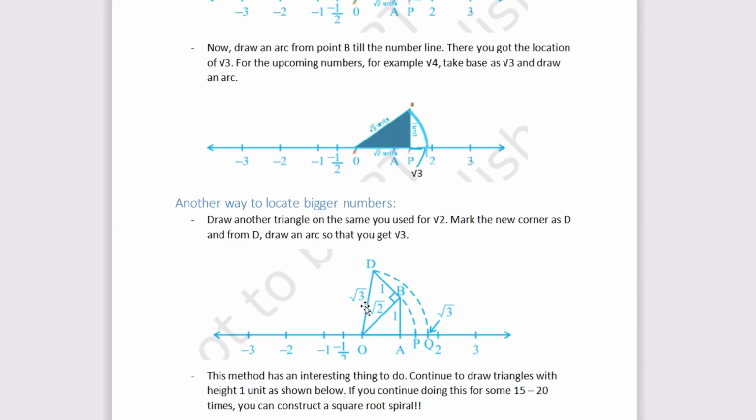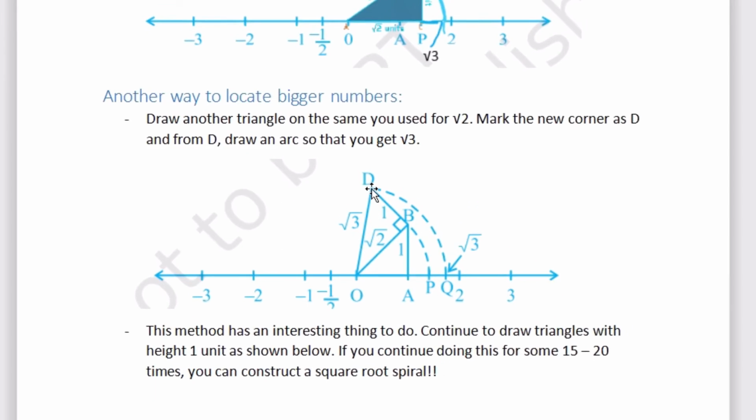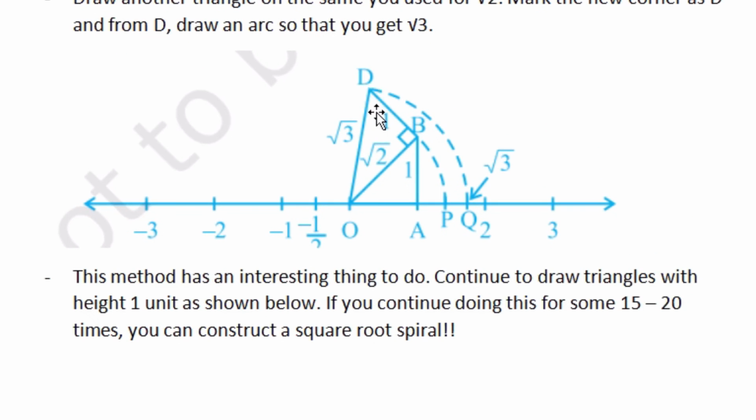So if you connect this to 0 and mark this point as D, you can see my cursor, right? I'll zoom in a bit. So if you mark this point as D, you will have OD here. So OD is root 3. So if you cut an arc from D to the number line, the point Q is root 3 again. So it's close to 2, right?